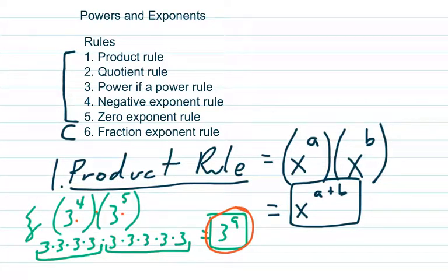So let's do another example on the next page. Let's go with letters this time, or variables. Let's go a to the 4, and you might see it written with a point multiplication, times a times a to the 3.